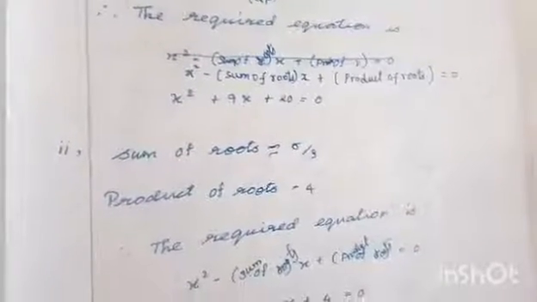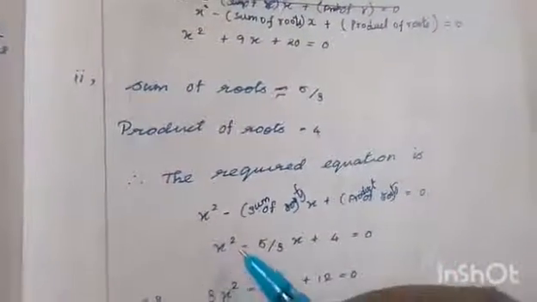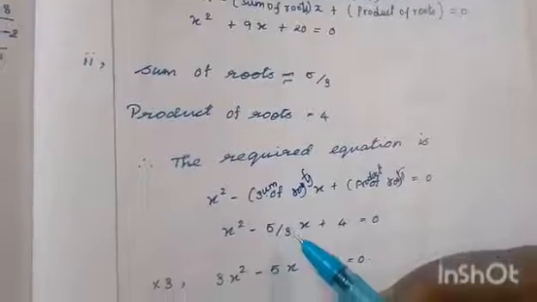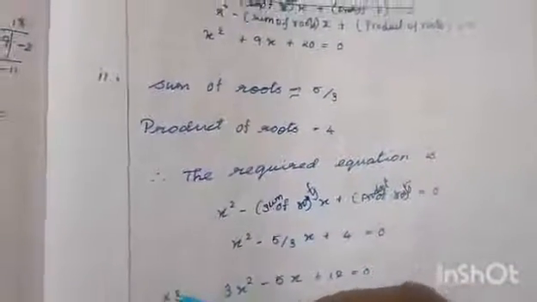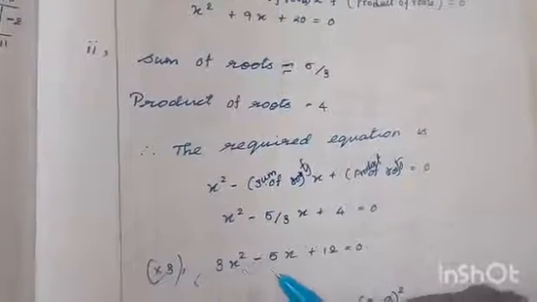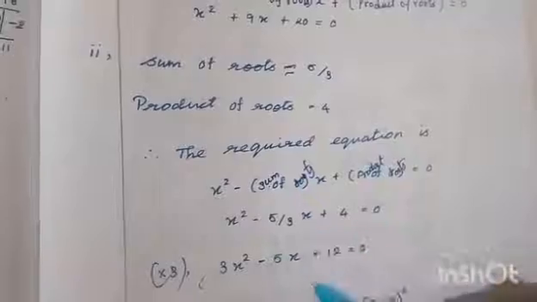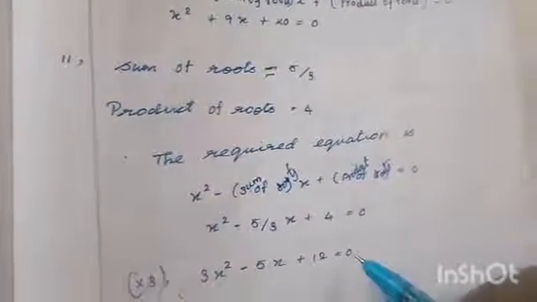So that is x square minus 5 by 3 into x plus 4 equal to 0. So you have to multiply by 3, otherwise take LCM. Otherwise just multiply both sides by 3. So that is 3x square minus 5x into 3 by 3, 3 cancel. So minus 5x plus 12 equal to 0.